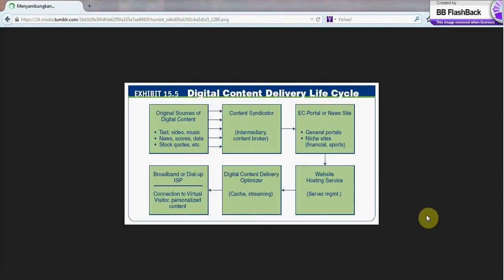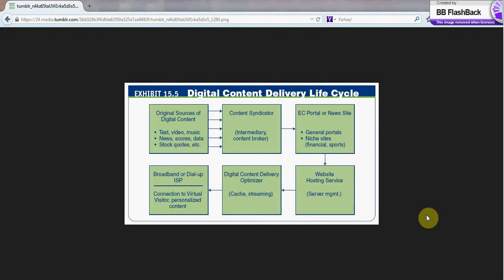Content management. This is the digital content delivery life cycle. From original sources of digital content like text, video, music, news, data, stock quotes, into content syndicator.